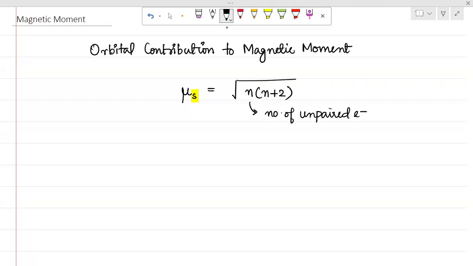So this contribution of the magnetic moment is only due to spin.